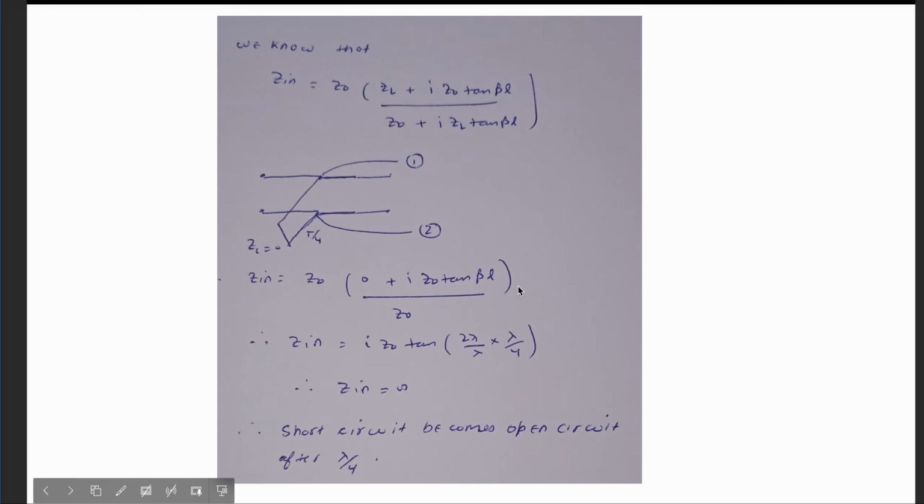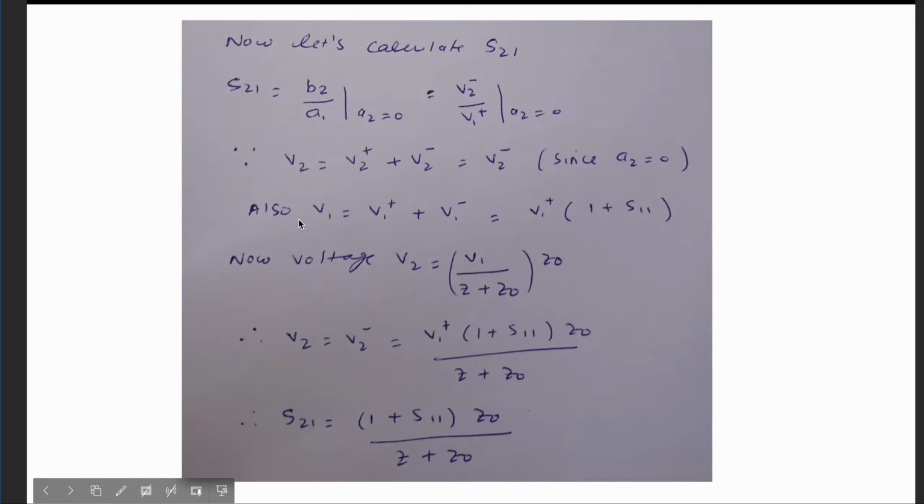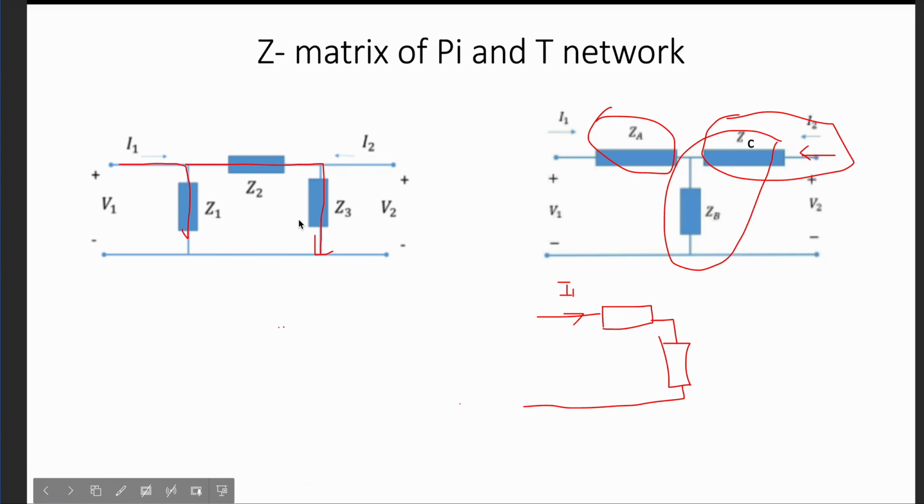So this was the ABCD matrix, and now this is the last problem which I have prepared. For a two-port network, you have the following scattering matrix, and determine if the network is reciprocal and lossless. Now you know, I can again go to the first slide, right?